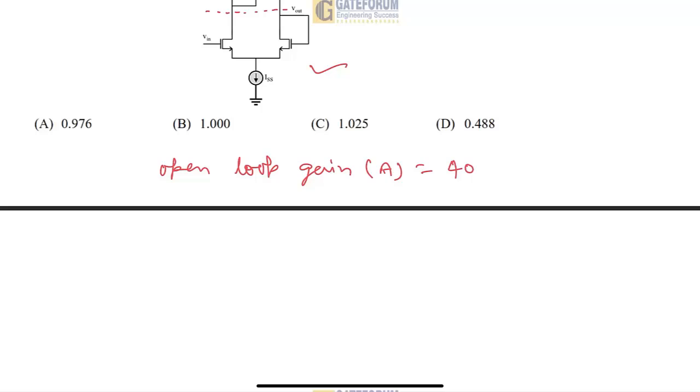If we treat this as an operational amplifier, let's see how it will appear under the closed loop configuration. It will appear like this.